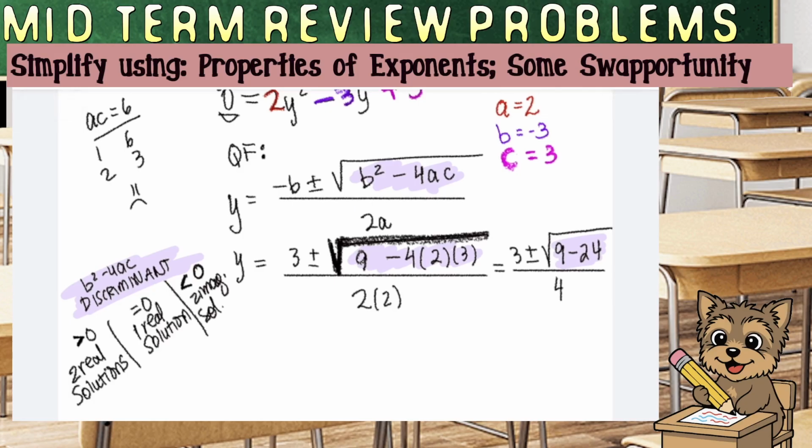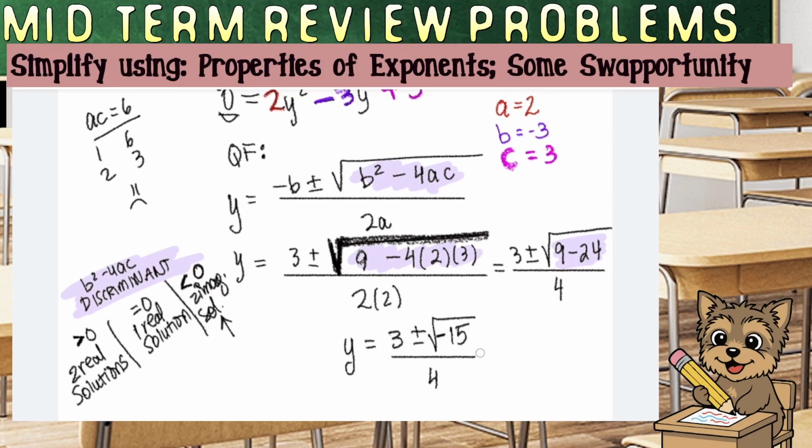So I already know I'm going to have two imaginary solutions right now because I definitely have a negative under my radical. Y equals 3 plus minus the square root of, so 9 minus 24 is -15, all over 4.